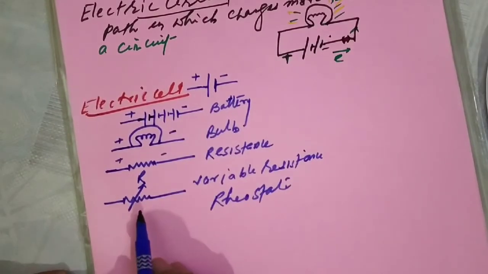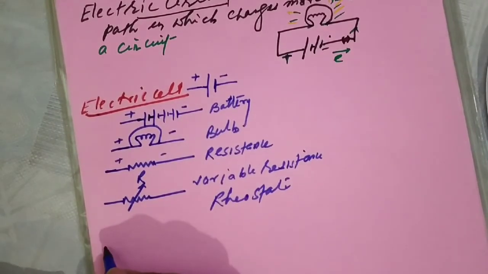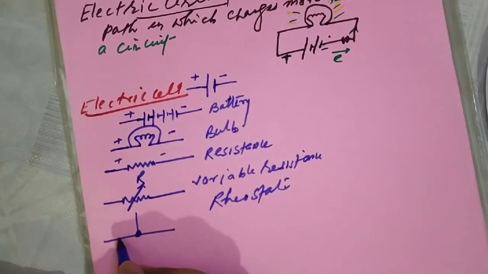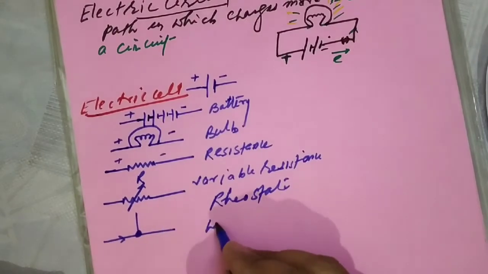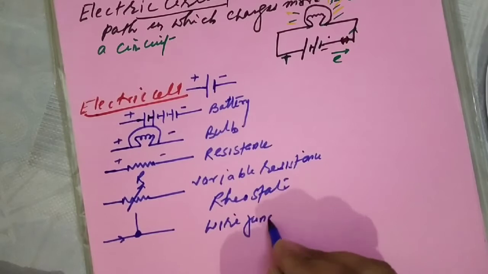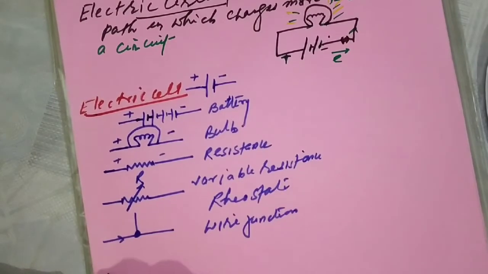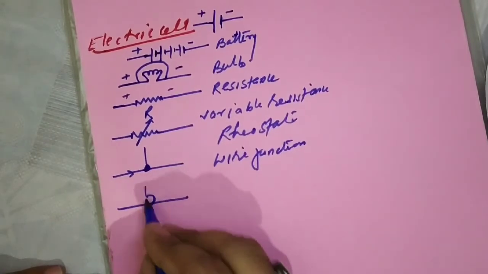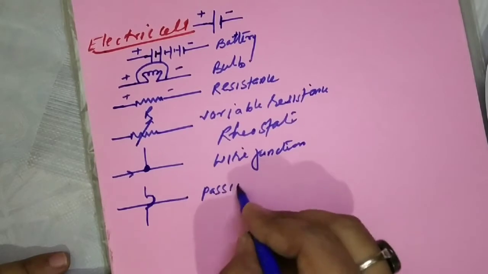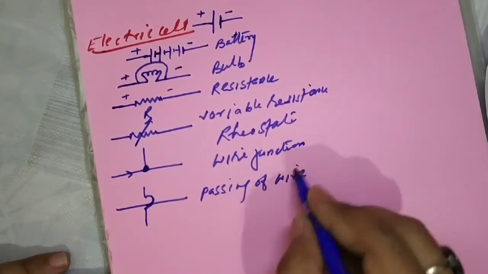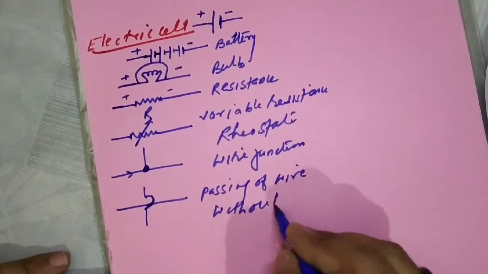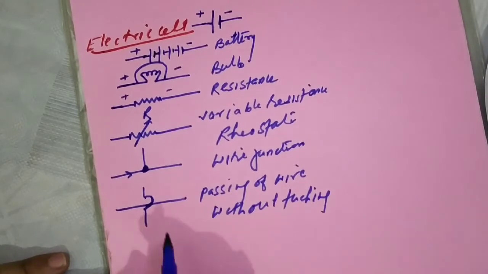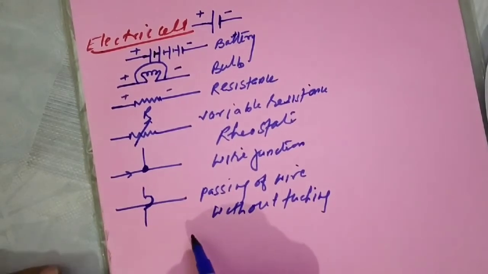This is the symbol of variable resistance or rheostat. This is the symbol for a wire junction. This is the symbol for passing of a wire over another wire without touching.